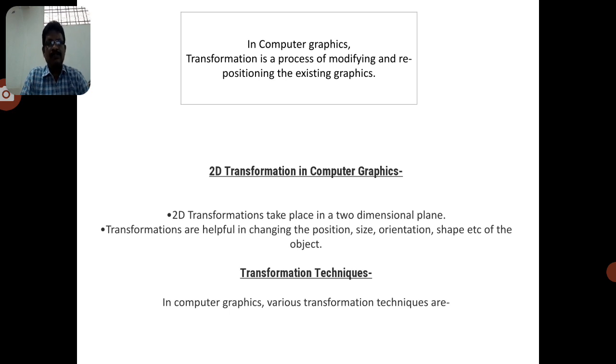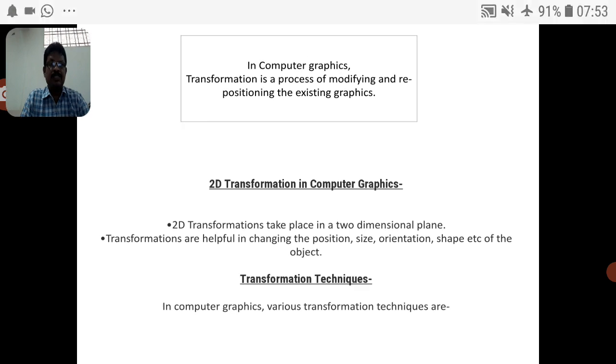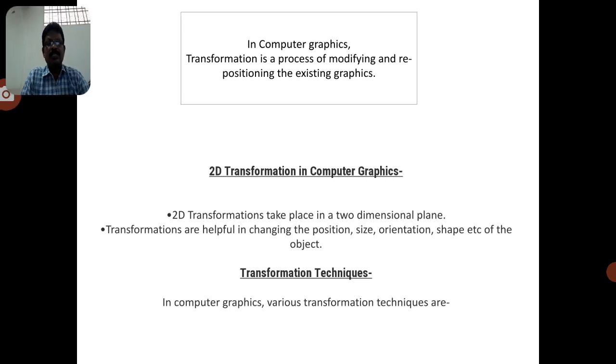In 2D transformation, we concentrate on modifying the object and repositioning the object. The 2D transformation works in a two-dimensional plane. It helps to change the position, size, orientation, shape and so on of the object.